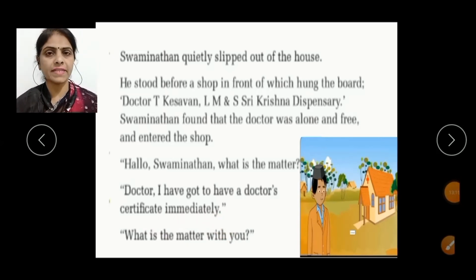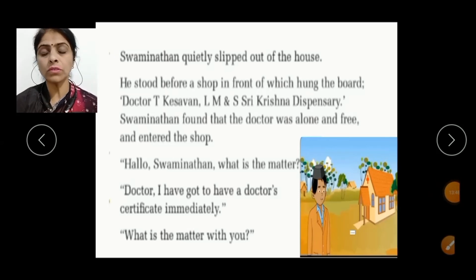The para says, next day, before the school, so early in the morning at 7:30, Swami quietly left the house and stood before a shop. There was a dispensary in front of him, and on the board the name of the doctor and the name of the dispensary were written.